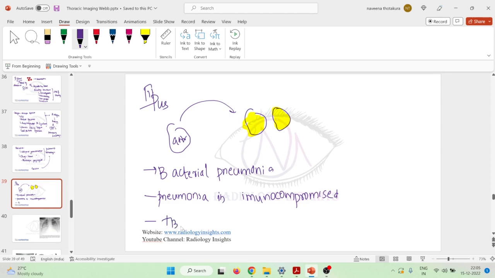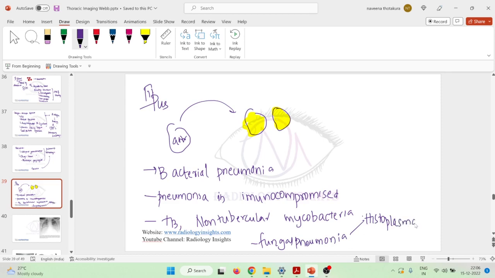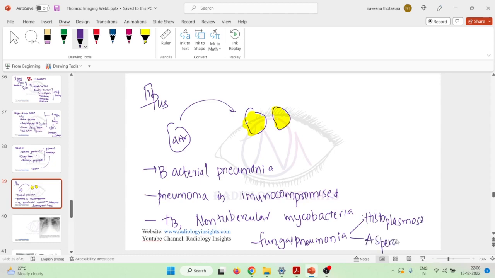In tuberculosis or in any non-tubercular mycobacterial infection also, you can see that the air is replaced by pus. Or in fungal pneumonia, especially diseases like histoplasmosis, which is caused by histoplasma, and we also have aspergillosis. In all these conditions also, we will see that the air is replaced by pus.